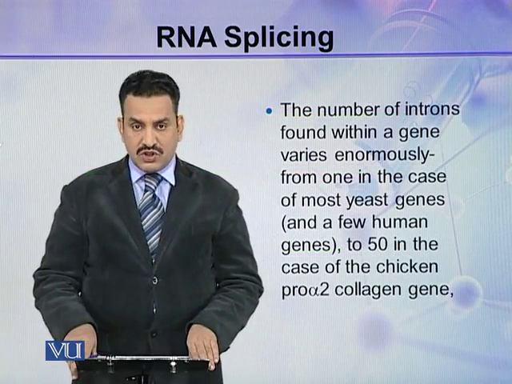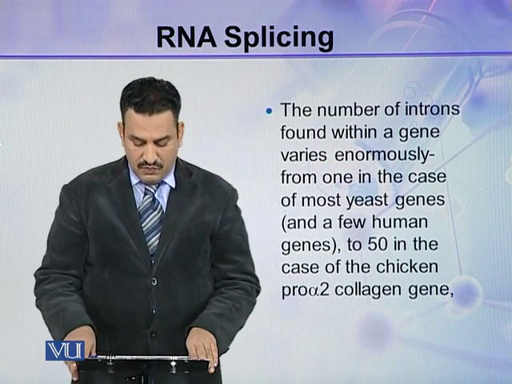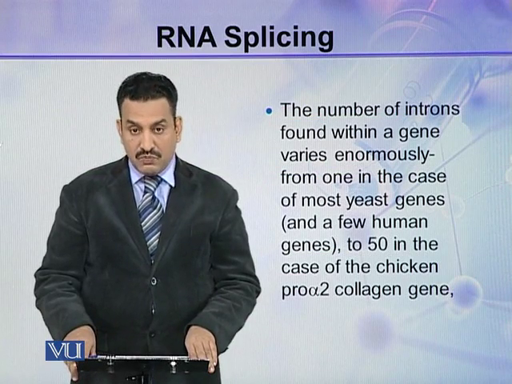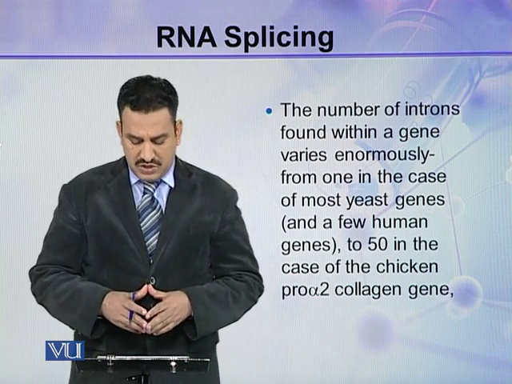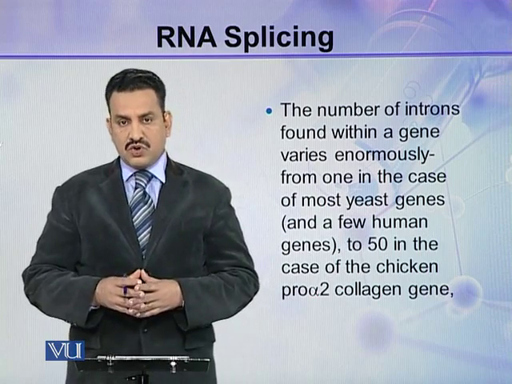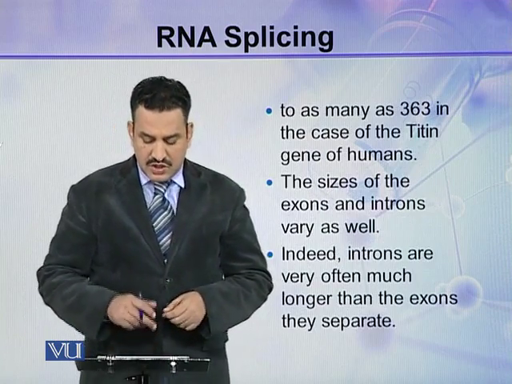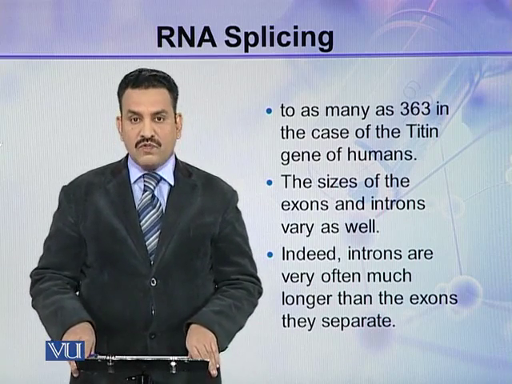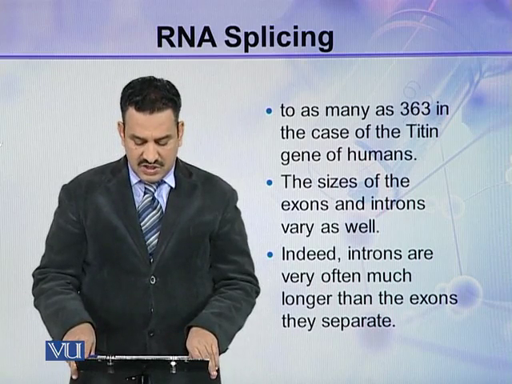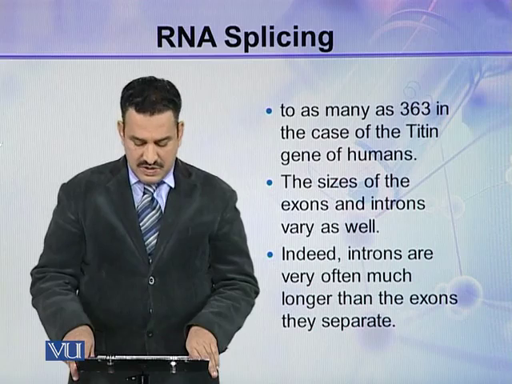The number of introns found within a gene varies enormously, from 1 in the case of most yeast genes and a few human genes, to 50 in the case of the chicken pro alpha 2 collagen gene, and to as many as 363 in the case of the titin gene of humans. The sizes of exons and introns also vary.